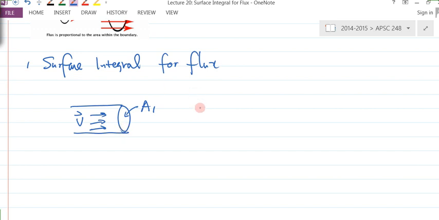And assuming that the fluid has constant mass density rho. Then the magnitude of V gives us just the speed.